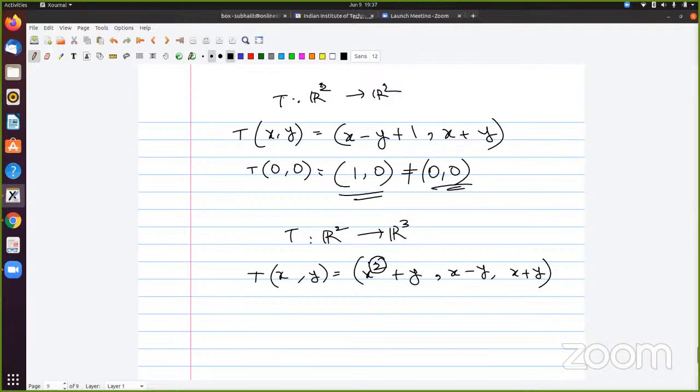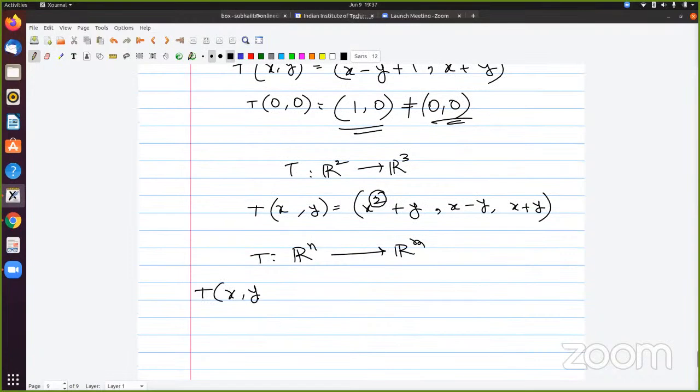This cannot happen. In general, if I am writing a map T from Rn to Rm, then the linear transformation should be like this: here I have n coordinates, here I should have m coordinates, and each should be a linear combination of these elements. So the first coordinate should look like this, the second coordinate should look like this.